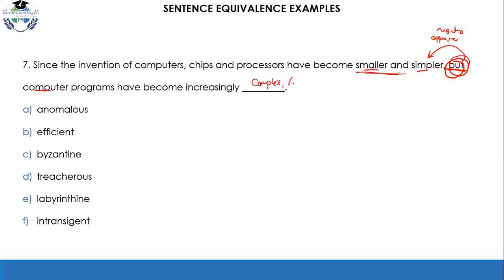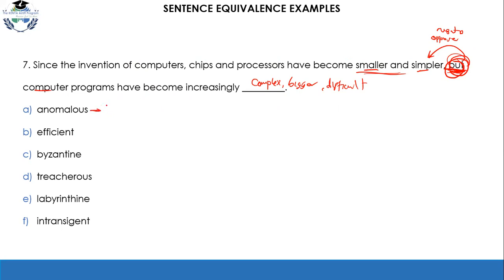They will become maybe bigger. The opposite of smaller is bigger. So computer programs are becoming increasingly complex, bigger, maybe difficult. Those are the words you will be thinking about because of the but here. So whenever you're reading, try and look out for these types of words that change the meaning of the sentence. So let's look at this.